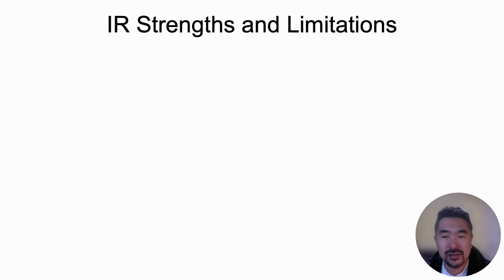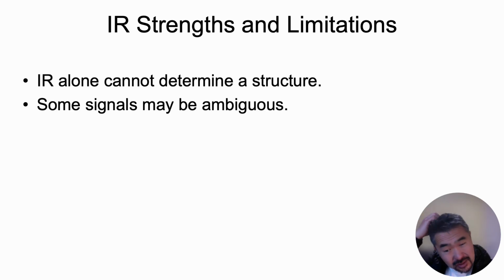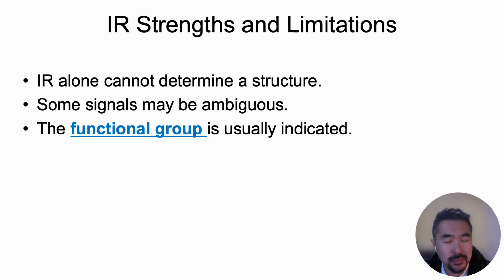Now, of course, IR alone has a limit and cannot determine the exact structure. Like in the previous problem, I couldn't tell you how many carbons you have in that alkane chain or anything like that. Some signals can be somewhat ambiguous, so it takes a little bit of practice and experience to interpret it rightly. Usually what IR is good at is indicating what functional group or groups you have.